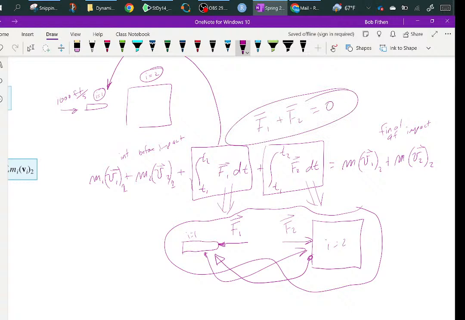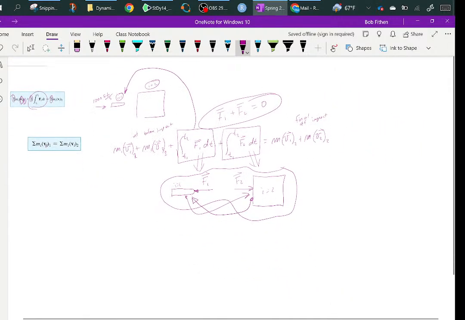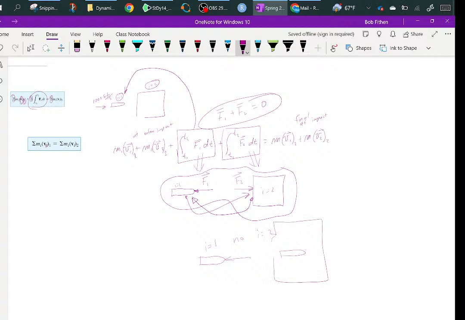Now, let's suppose that we just want to define the system as, in other words, we're just looking at the bullet. So if we just look at the bullet, there is only I equal 1. There is no I equal 2. So what actually happens is the bullet has a force on it, and it slows down as it enters inside and gets embedded in the block.